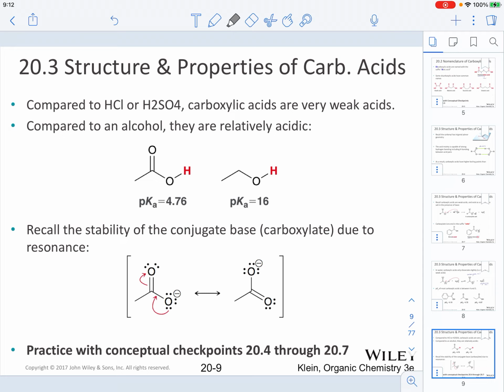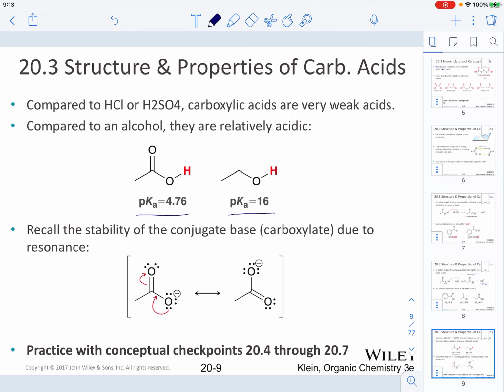Remember that HCl along with sulfuric acid, perchloric acid, and nitric acid are strong acids. They're going to have pKa's that are actually negative. Now, if we compare a carboxylic acid to an alcohol, they're relatively acidic, because remember that the pKa for an alcohol is around 16, and for a carboxylic acid it is around 4.